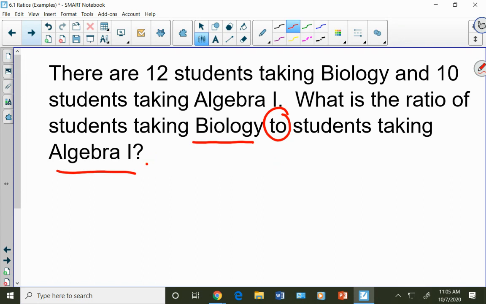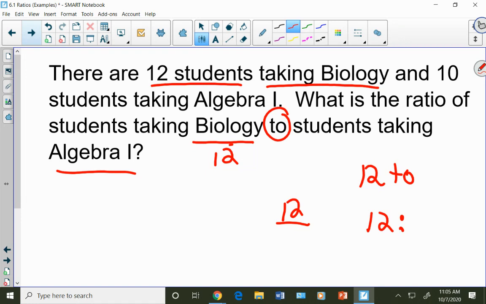Well, let's go back up to the information. Well, first is biology. Well, how many kids took biology? 12 are taking biology. So the first number has to be 12. Okay. The second number is how many students are taking algebra 1.